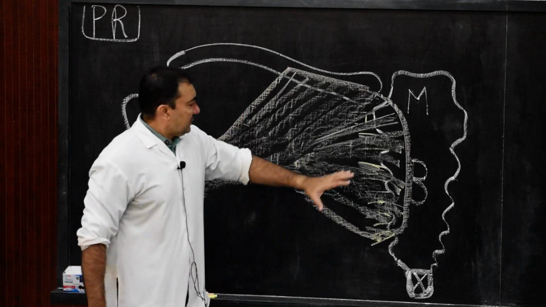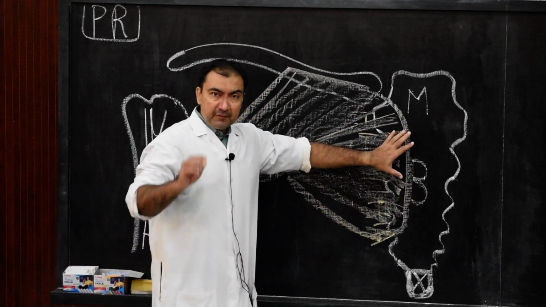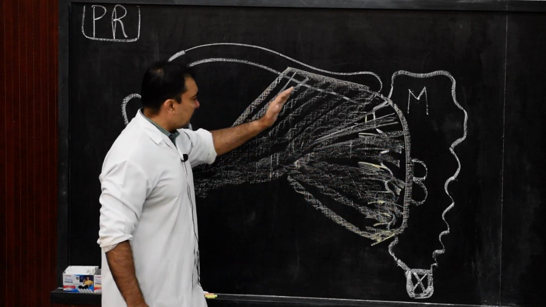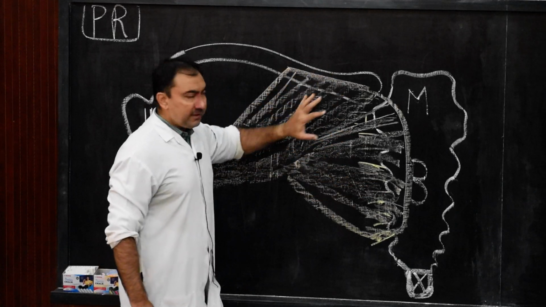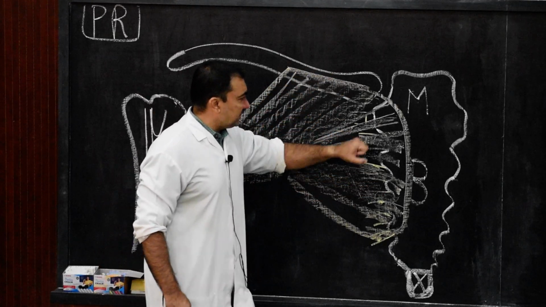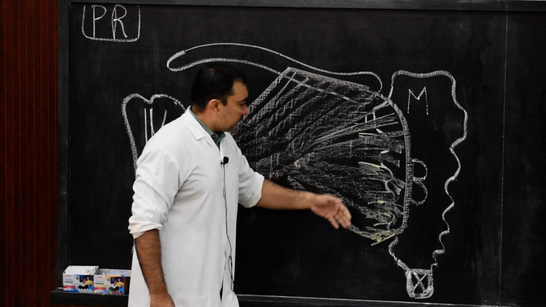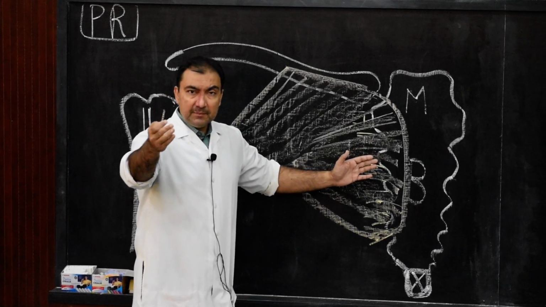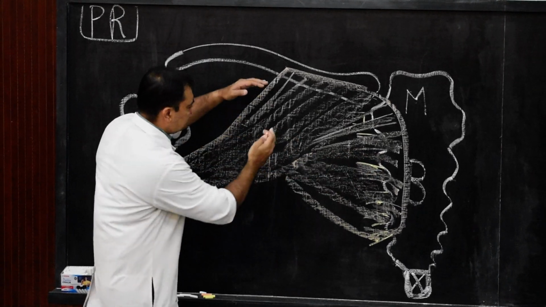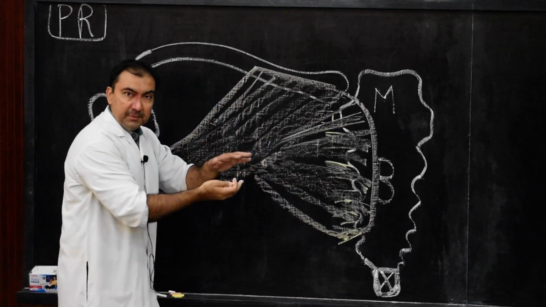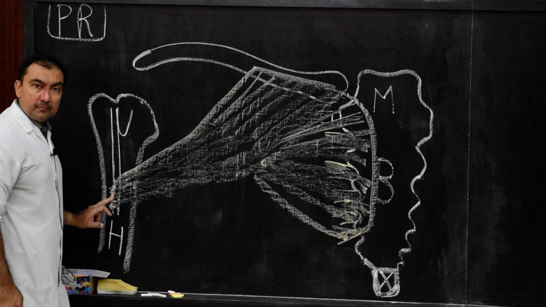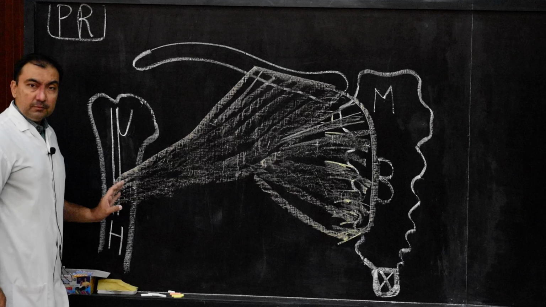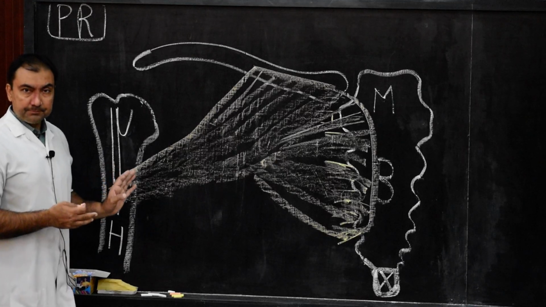So superficial fibers are the clavicular fibers, the intermediate are manubrial fibers, and the deep fibers are sternal fibers, taking origin from the sternal margin and fifth costal cartilage. Together they form the anterior lamina. And this anterior lamina is inserted where? Lateral lip of the bicipital groove or intertubercular sulcus of the humerus.